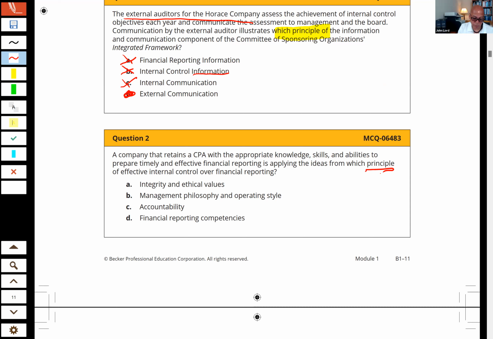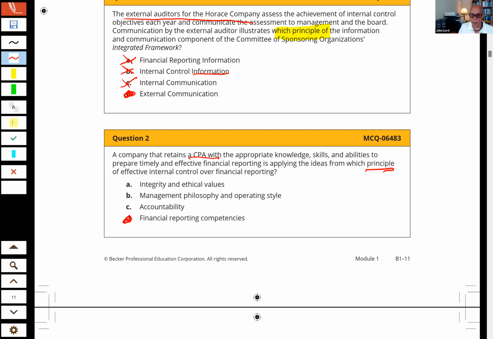But if we're talking about competency, if we're hiring a CPA, okay? Integrity, ethical values, that's the tone at the top, management philosophy and operating style. Accountability is where we're holding individuals accountable for their responsibilities under the internal control.